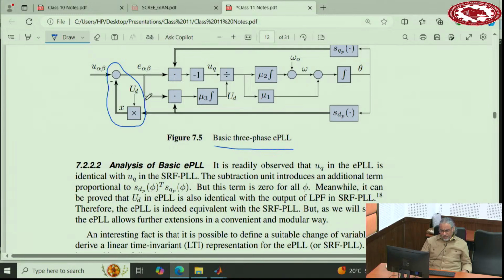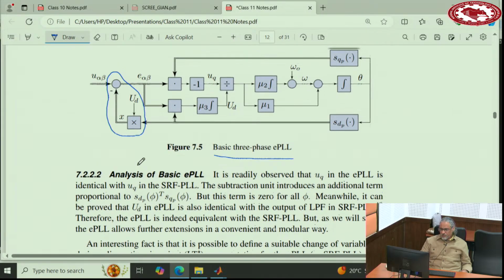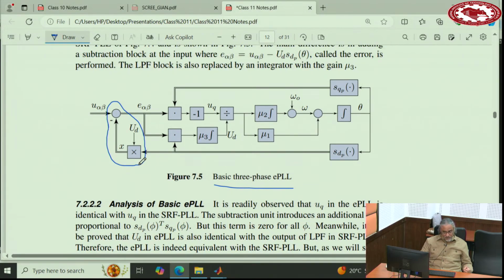Because of this subtraction, it gives you some nice properties mathematically. For instance, if you choose this mu1 equal to mu3 and choose mu2 equal to 0, you can prove that with this arrangement, the entire system becomes linear time invariant.